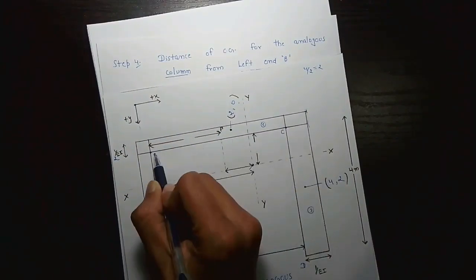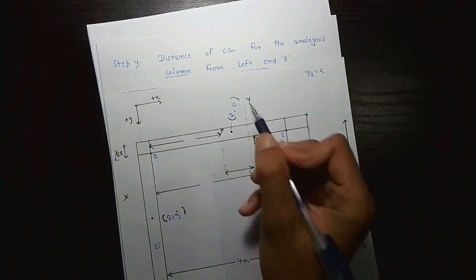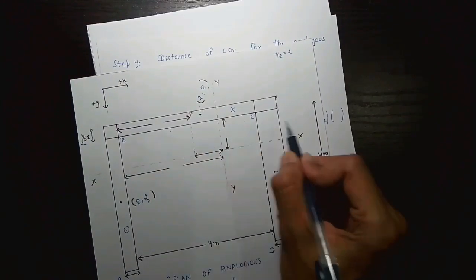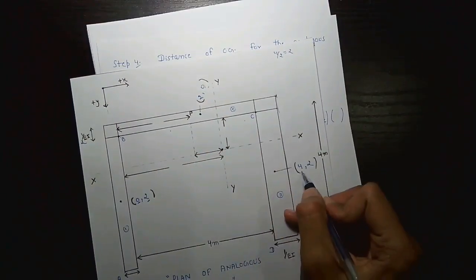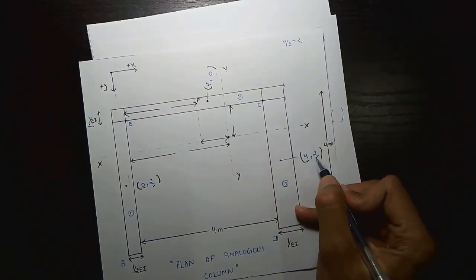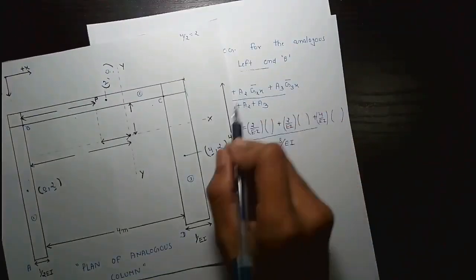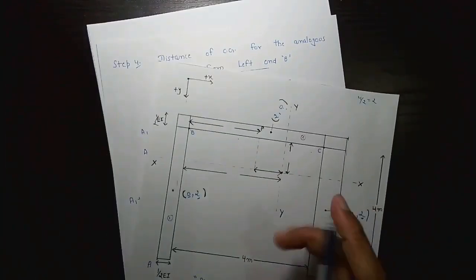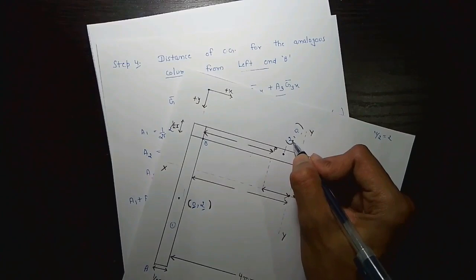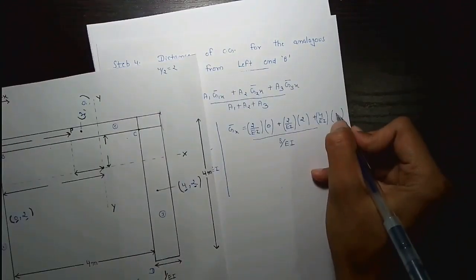For section 2 it is 2 in x direction and 0 in y direction, and for the third section it will be 4 in x direction and 2 in y direction. So G1 x1 bar is 0, G2 x2 bar is 2, and G3 x3 bar is 4.